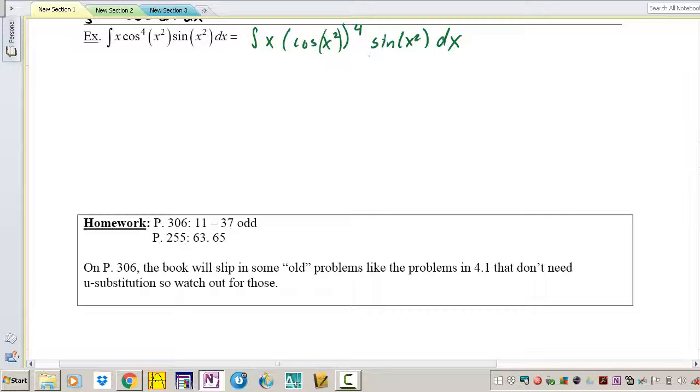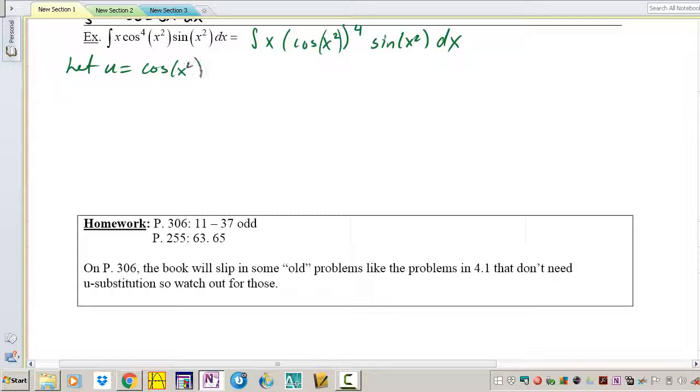If we let u equal sine, I will get a cosine, but not a cosine to the fourth. Okay, and we cannot let u equal x. Letting u equal x, its du will not produce any trig. So the only option for me here is to let u equal cosine x squared, so that my du is negative sine x squared, and then the chain rule 2x.